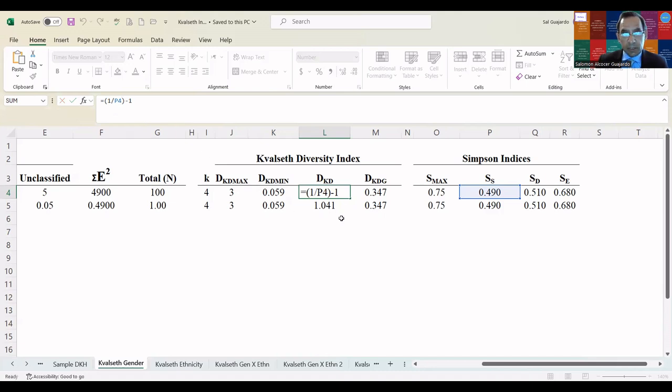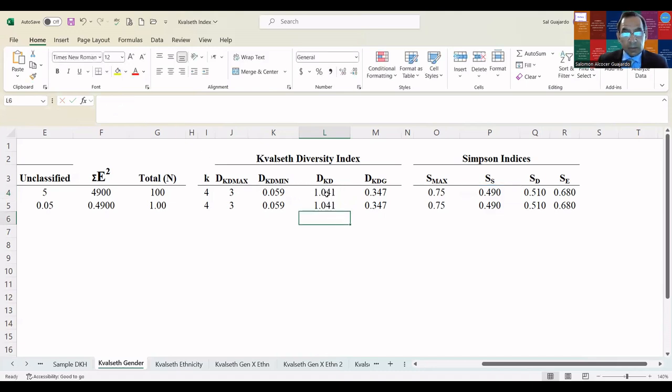So that gives me the odds ratio of 1.041. Remember, I said that the Kvalseth index has a maximum value, and that is going to be K minus 1. So the maximum value is 4 minus 1, so 3 is the maximum value.